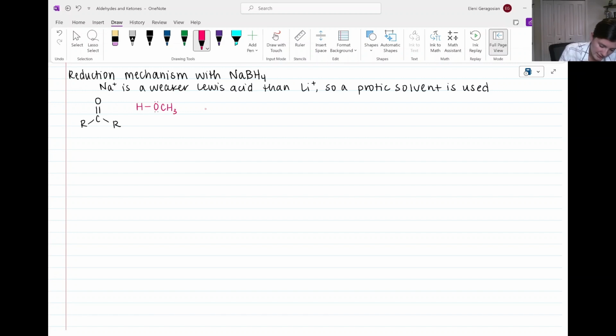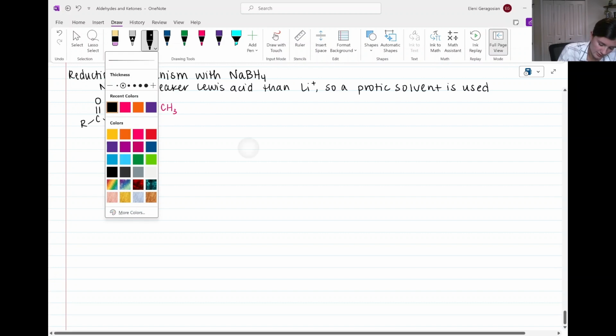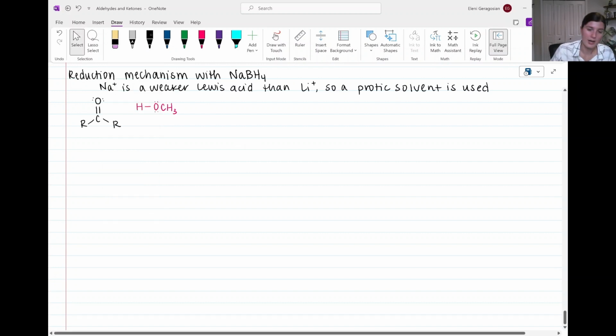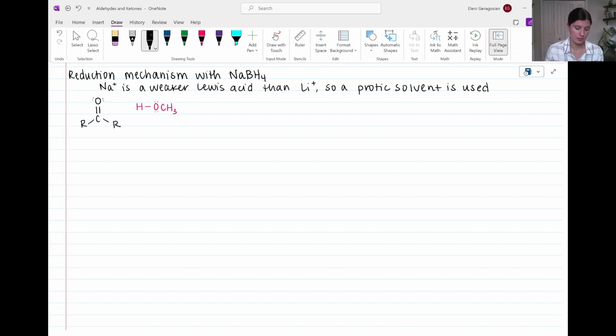We talked about how aldehydes and ketones, that carbonyl oxygen, can accept hydrogen bonding interactions from a hydrogen bonding donor molecule. A protic solvent is a hydrogen bonding donor molecule, so we have a hydrogen bonding interaction between the hydrogen in the solvent and the oxygen in the carbonyl.